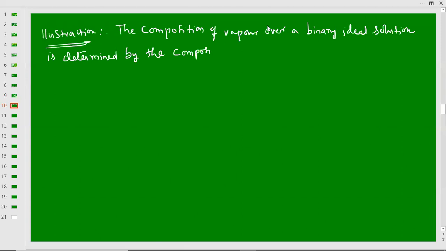That's what we observed in the previous problems. So using Raoult's law and Dalton's law, we can do it. The composition of the liquid can be obtained from Raoult's law. The composition of the vapor phase is obtained from Dalton's law.